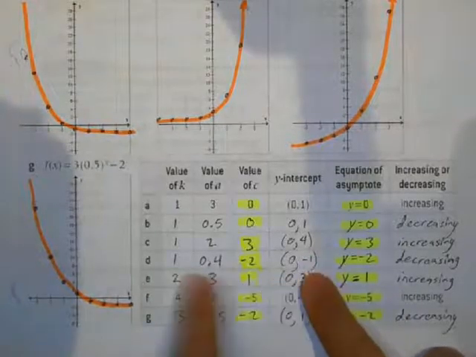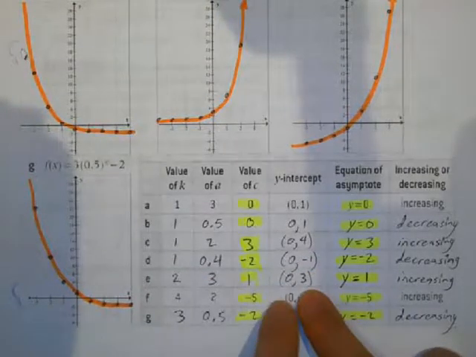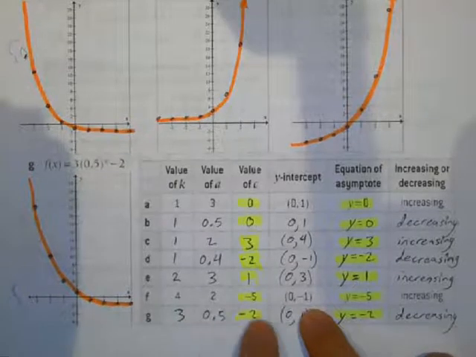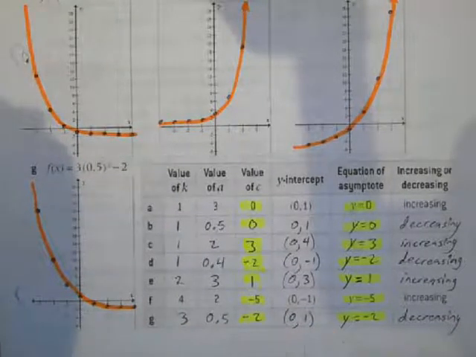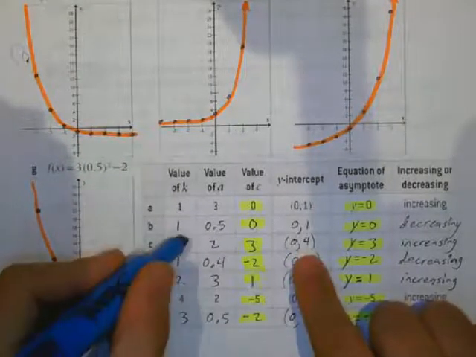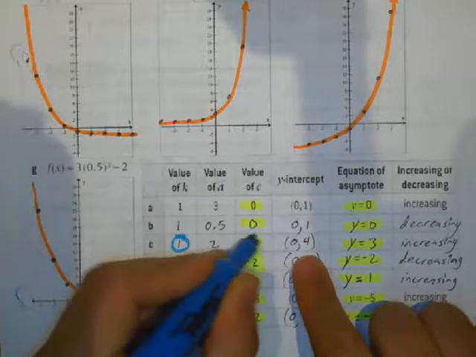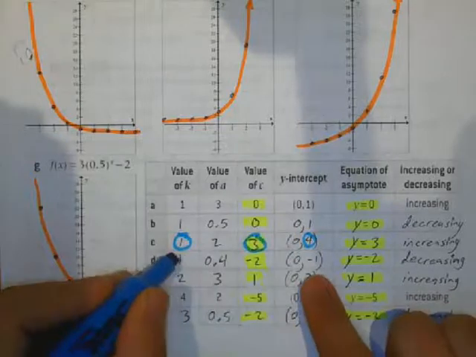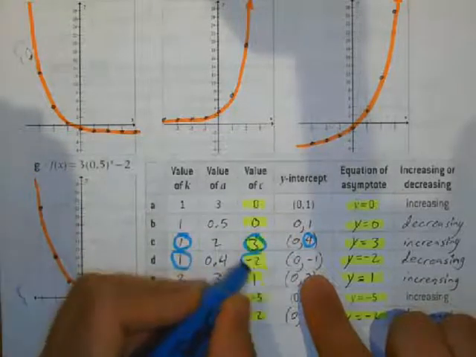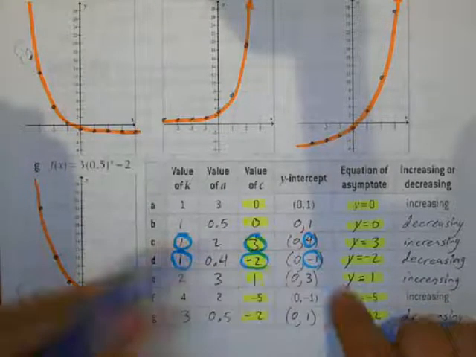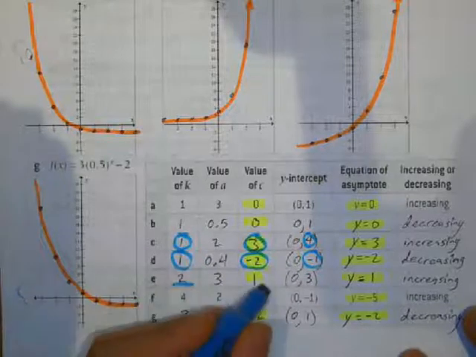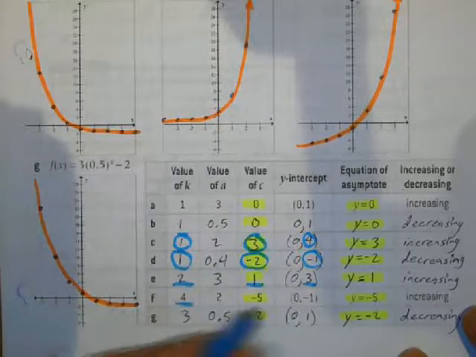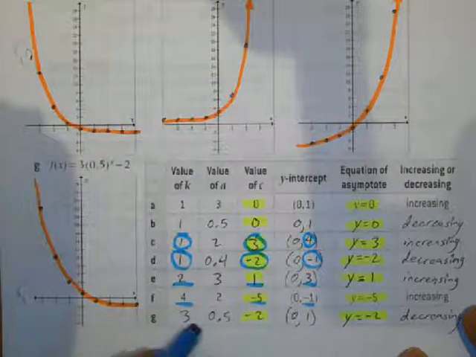Here we have a value of -1, here we have a value of 3, here we have a value of -1. What did we do before? We added 1 plus 3 to give us 4. Here, if we add 1 plus -2, we get -1, and so on. Because 3 plus -2 is going to give me 1.